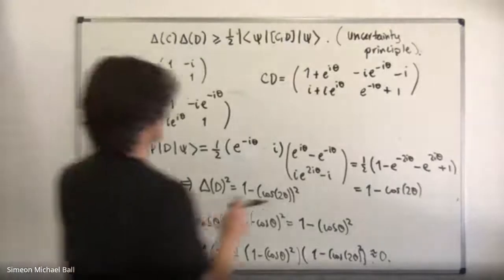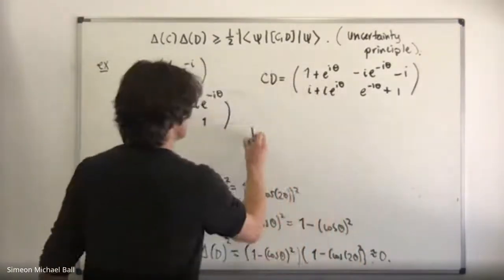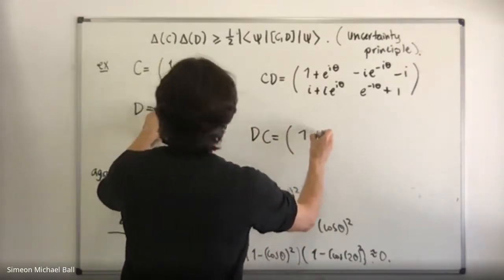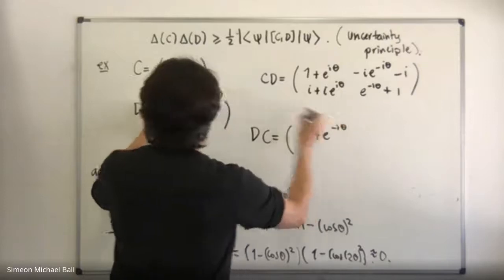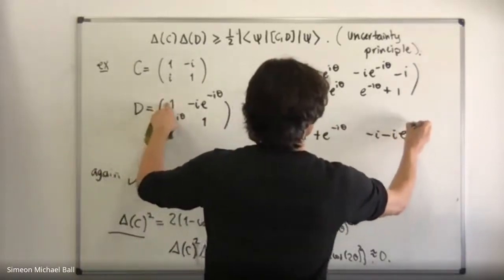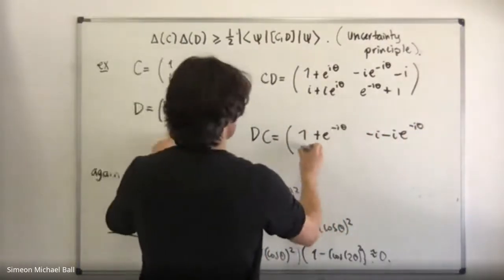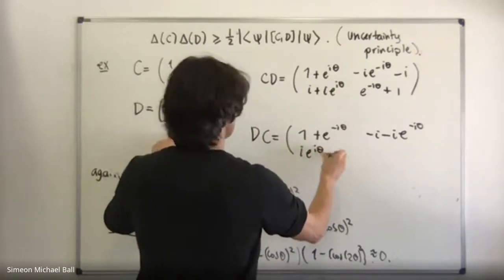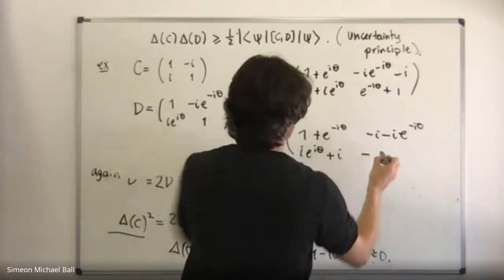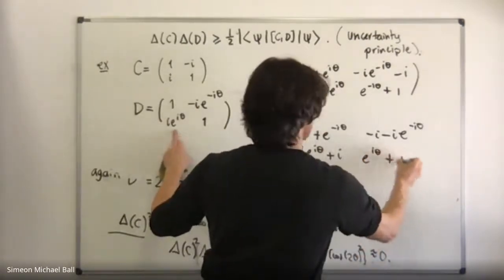And DC, the other way, is going to be 1 plus e to the minus i theta, minus i e to the minus i theta, i e to the i theta plus i, and finally minus i squared, which is plus e to the i theta plus 1.